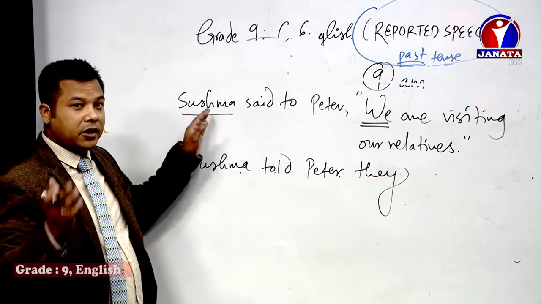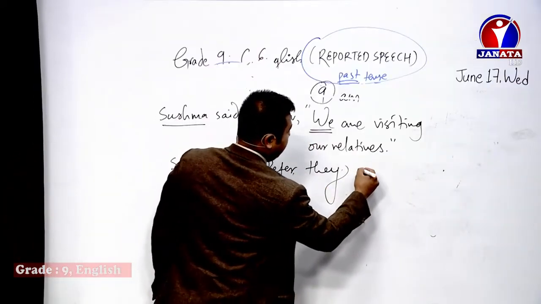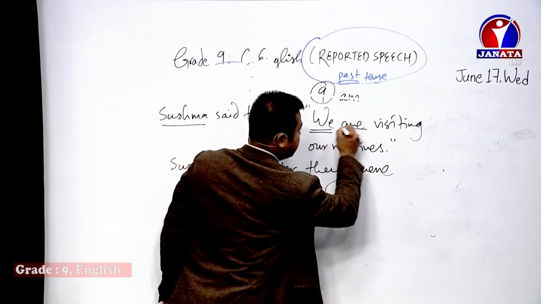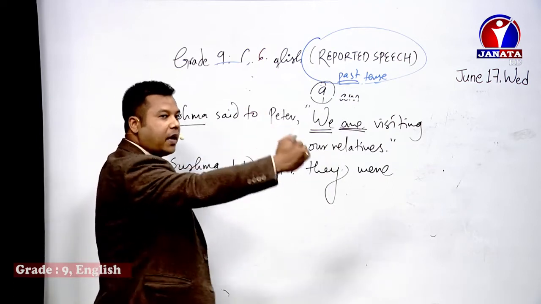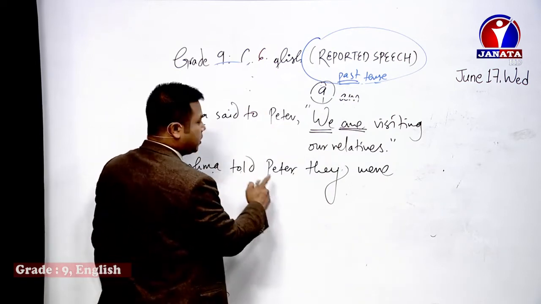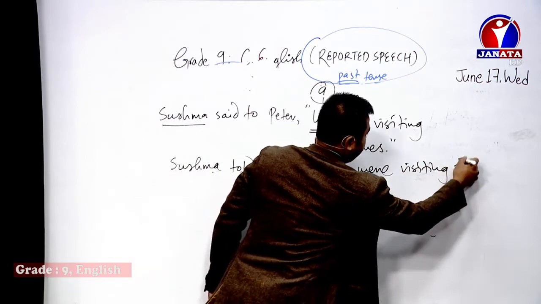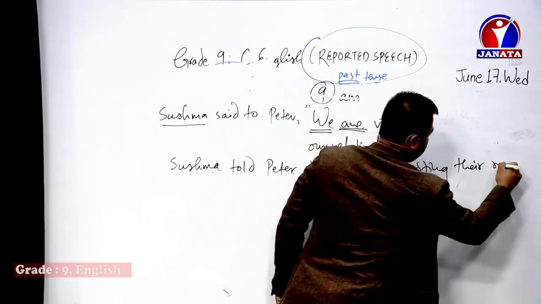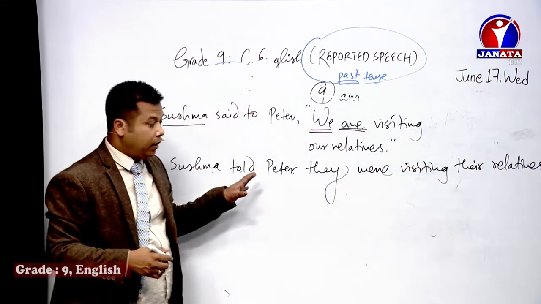Susma is trying to say that she's not the only one. There are many others. Susma told Peter they were, because this is present continuous and present changes into its respective past structure. So Susma told Peter they were visiting, our becomes their relatives. This is how it works.